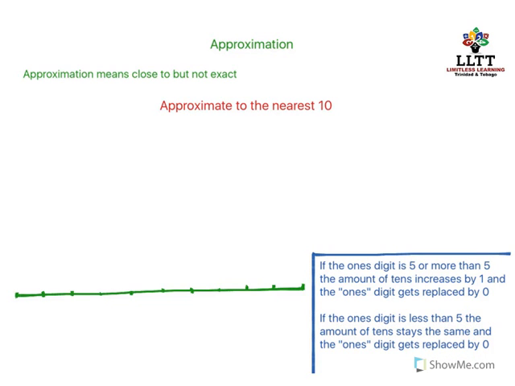So let's say that we want to approximate the number 45 to the nearest 10. Okay, so 45, we have 4 tens and 5 ones. The first thing we do is look at our digit under ones, and that's 5.